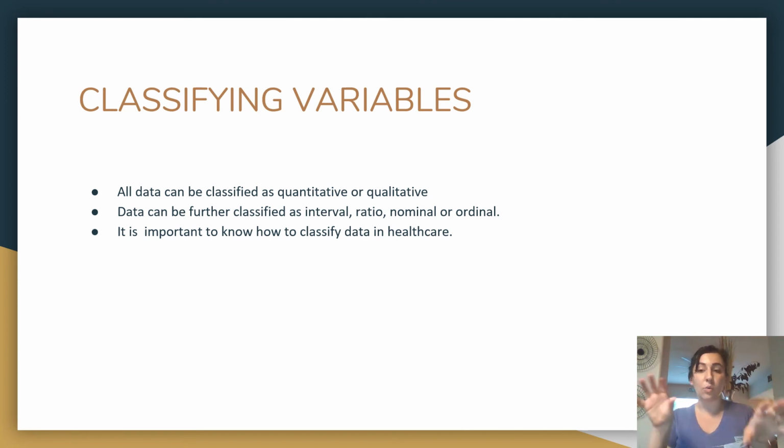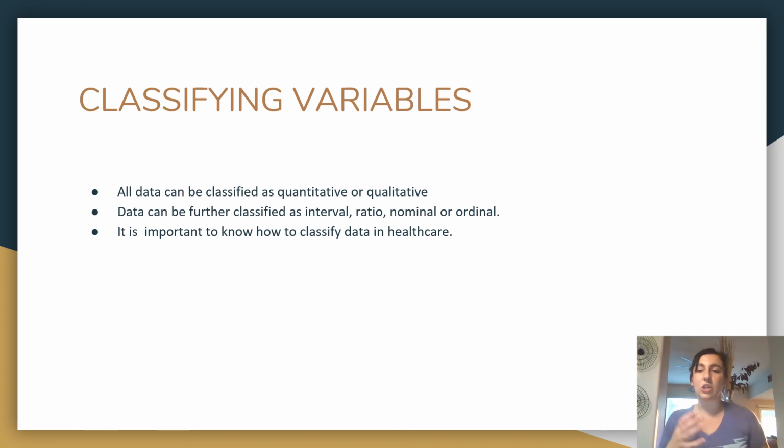And then once we know which is which, we can figure out if they are interval or ratio, or nominal or ordinal. It is actually important to be able to figure out what is what, at least at the basic level, especially in healthcare.